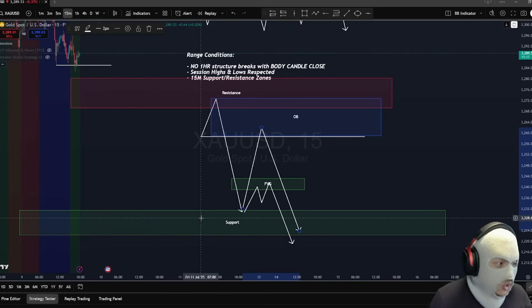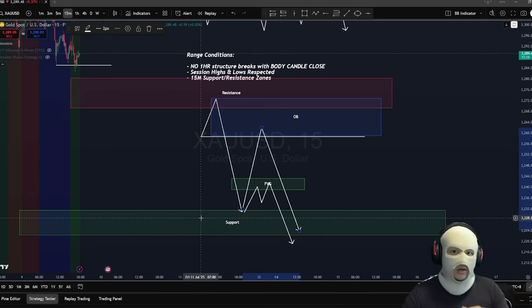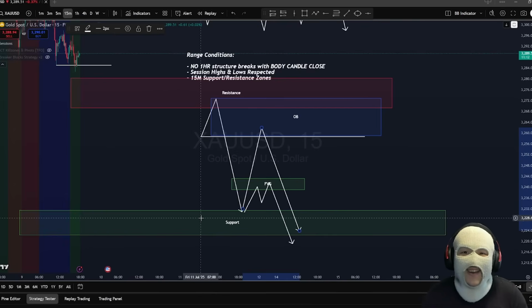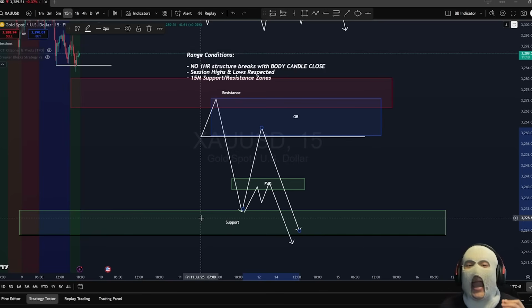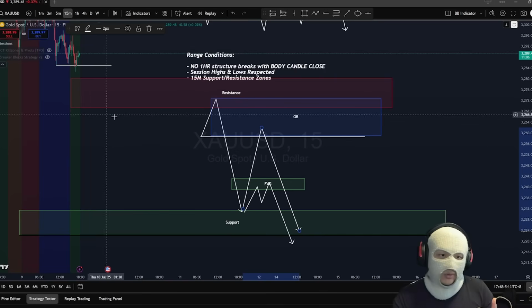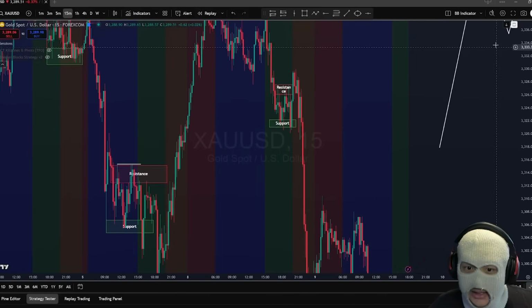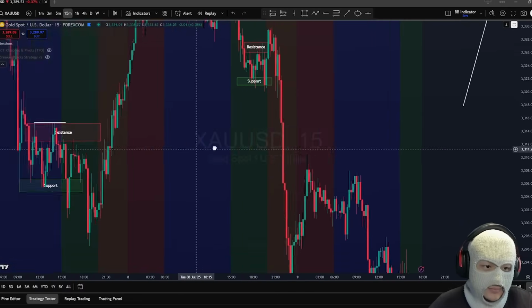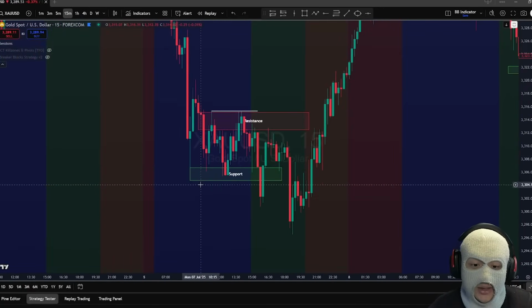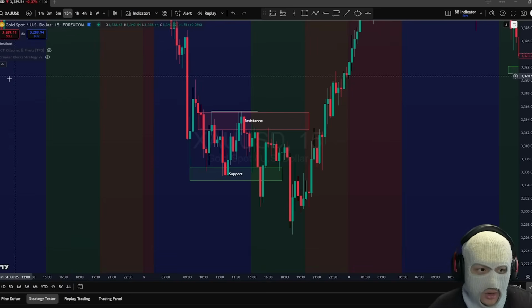Now, I see a question here. So why do we care about OB? Good question. Because order blocks are found at the extreme ends of the swing highs and lows. Clear example. Let's take a look right over here. You see price action here created a lower high, lower low.